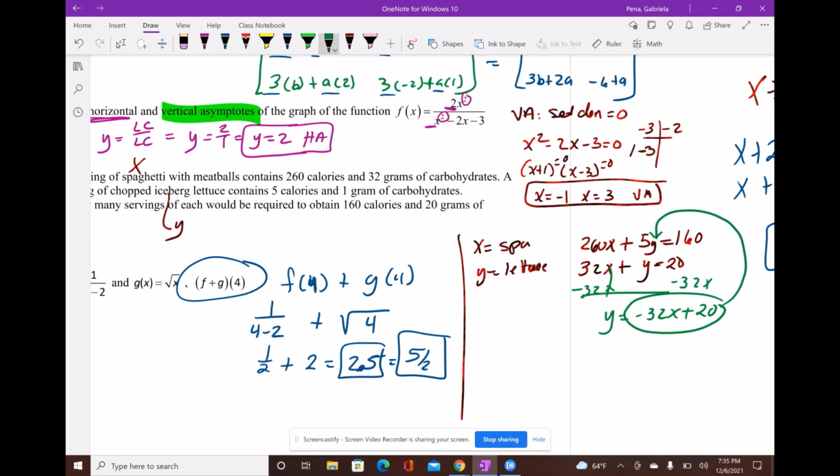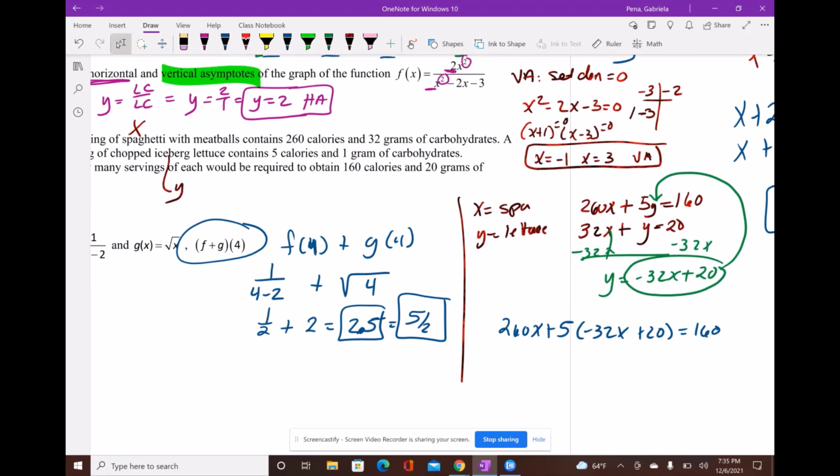That is substitution. 260x plus 5 times (negative 32x plus 20) equals 160. When you substitute, it takes the place of the variable. So what is 5 times 32? 160. Negative 160. So this becomes 260x minus 160x plus 100 equals 160.